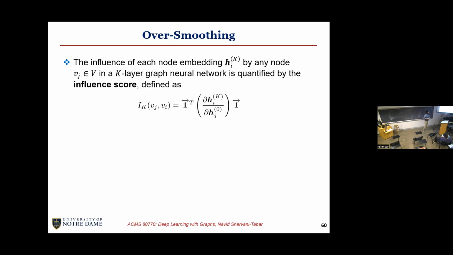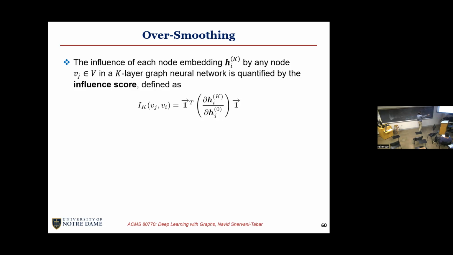I have different neighbors within my K-hop neighborhood that are affecting my node v_i, and I can quantify how much each node is influencing my final embedding by finding the partial derivative of my output embedding for node i with respect to the input embeddings for node j within its K-hop neighborhood.